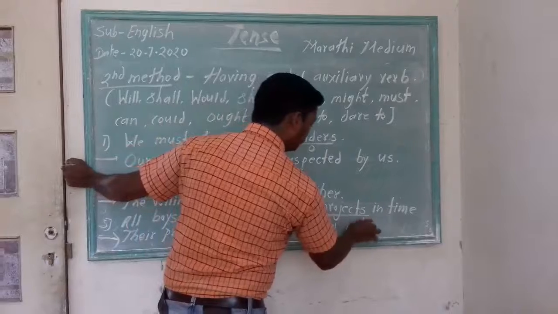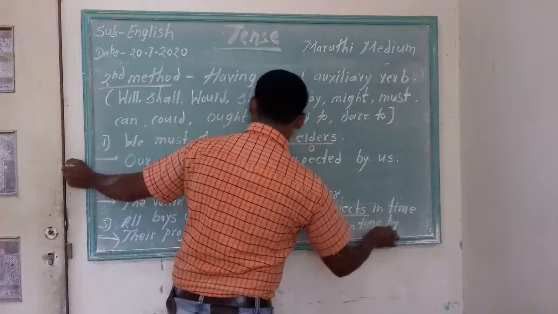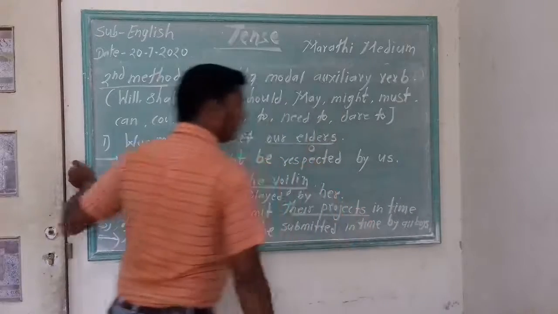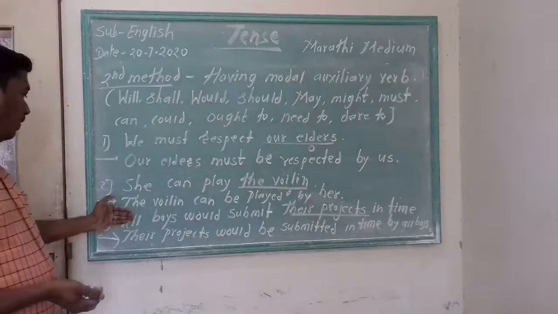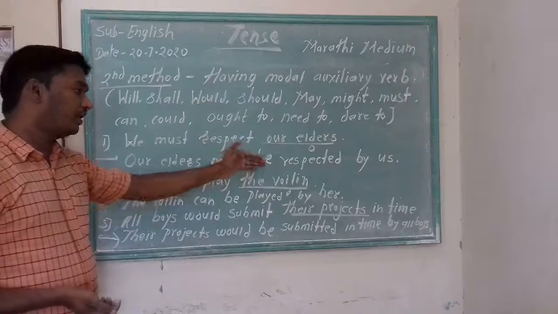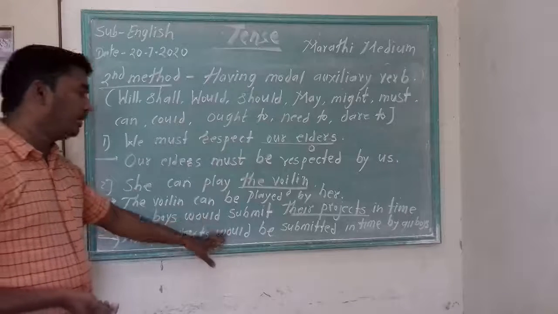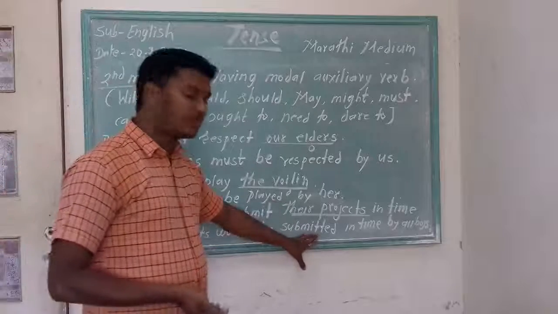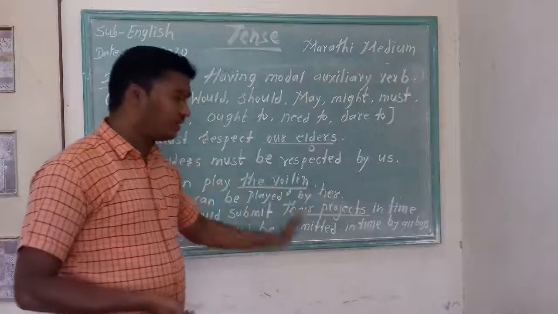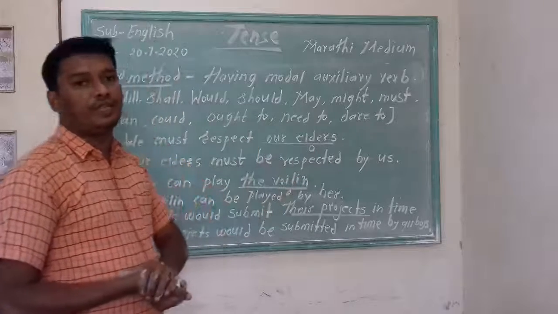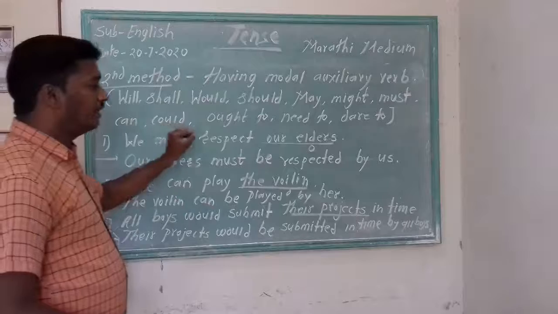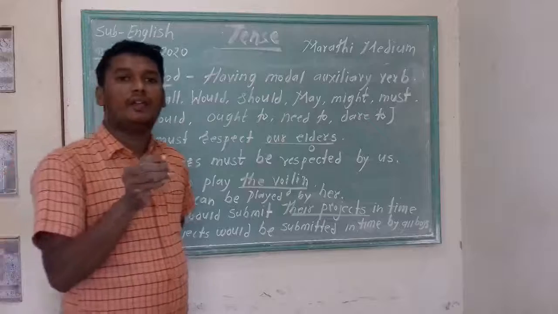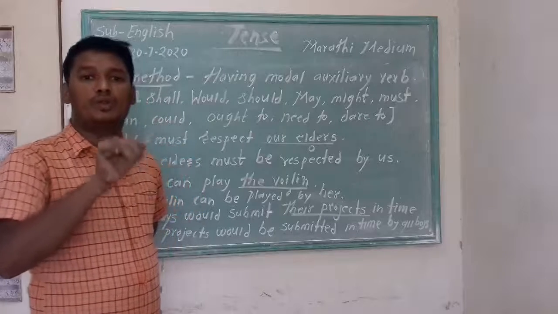In time, the adverb, as it is. Then by, then the subject of the active voice sentence, all boys, the objective case. Their projects would be submitted in time by all boys. In this way, we can convert into passive voice. Just we have to add be after the modal auxiliary verb.